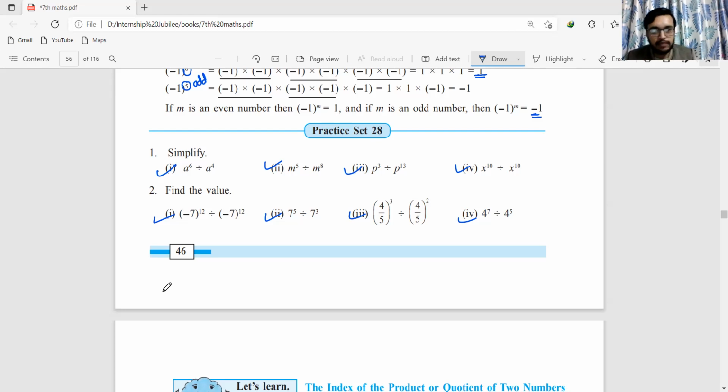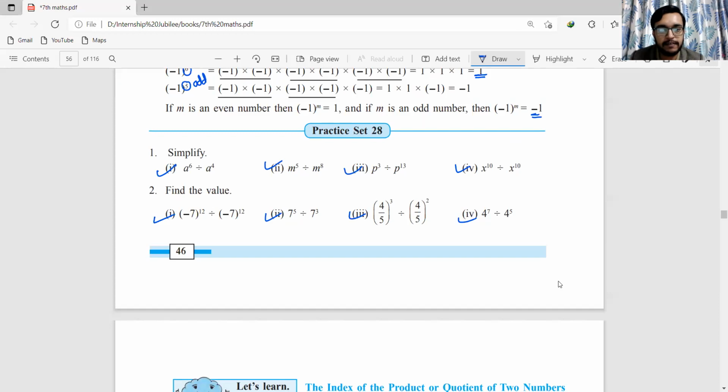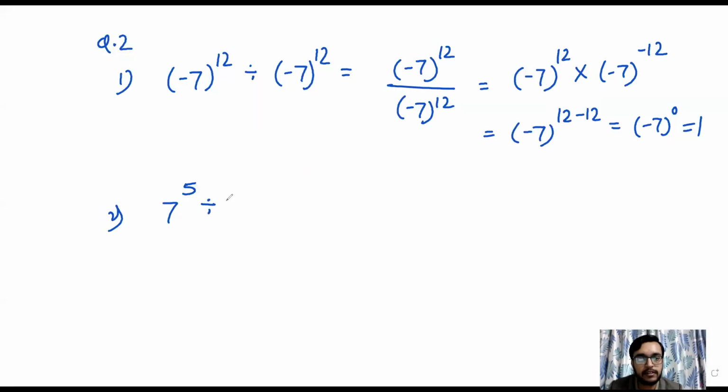Question number 2: 7 raised to power 5 divided by 7 raised to power 3 is equal to 7 raised to power 5 upon 7 raised to power 3, which is 7 raised to power 5 into 7 raised to power minus 3.